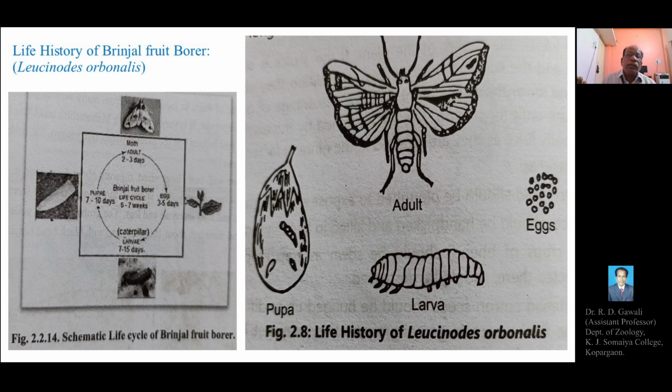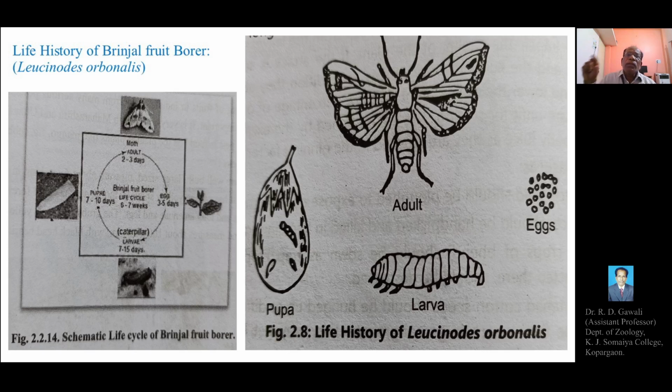On hatching, the caterpillar larvae start feeding on the brinjal shoots, that is the tip of the branch or the leaves or even the midribs, and then prepare a burrow or a hole and penetrate inside.